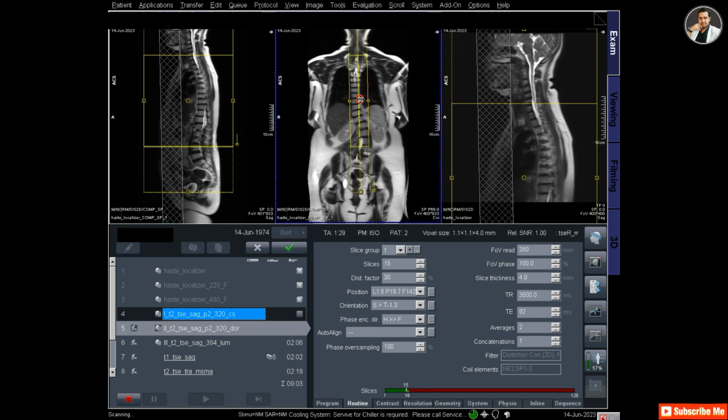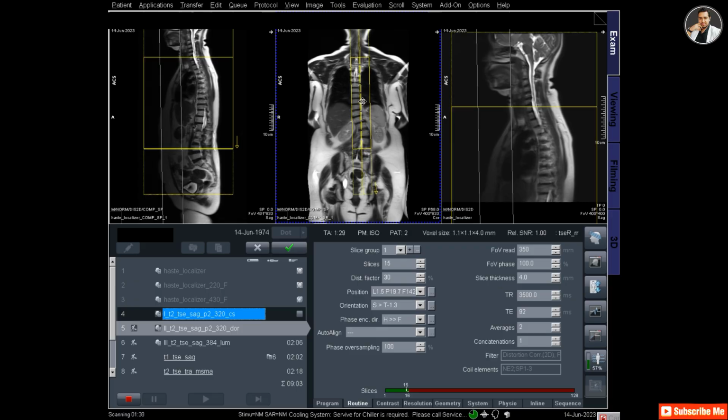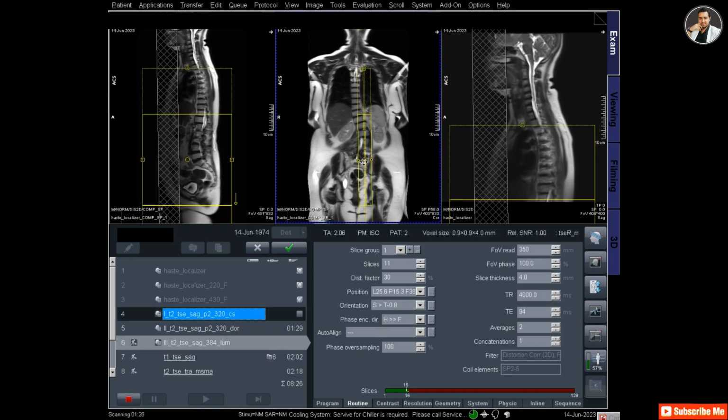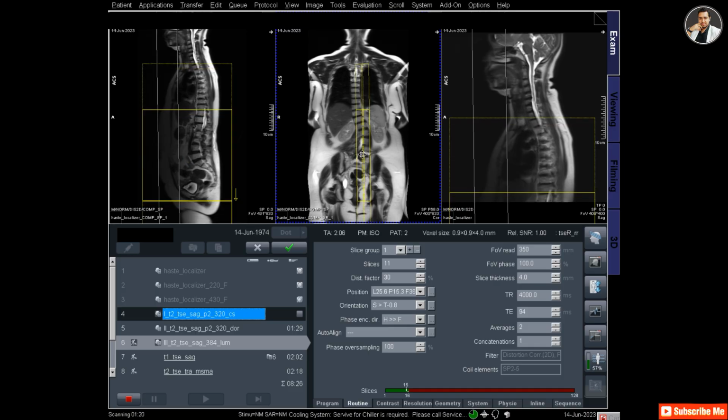No portion of the spine should be cut out. So increase the slice numbers, like I increased here from 11 to 15. I increased all the protocol slices to 15 so that the slices cover the whole spine in all the areas from right to left.